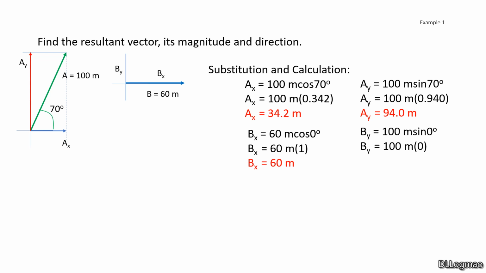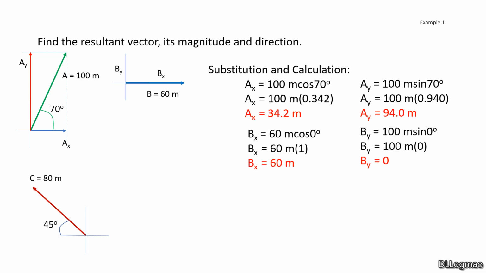Sine 0 is equal to 0. Thus, B sub y is 0. For vectors along the positive x-axis, the magnitude of the x component of the vector is equal to the magnitude of the given vector, while the y component is 0.